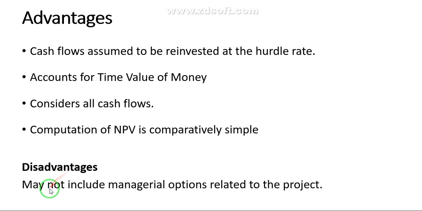The disadvantage of this method or this calculation is that it may not include managerial options related to the projects. This type of calculation does not consist of any portion of the managerial aspects of the organization.